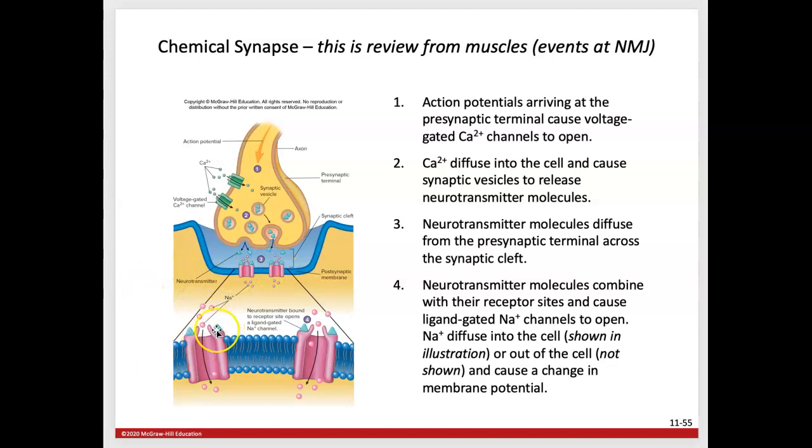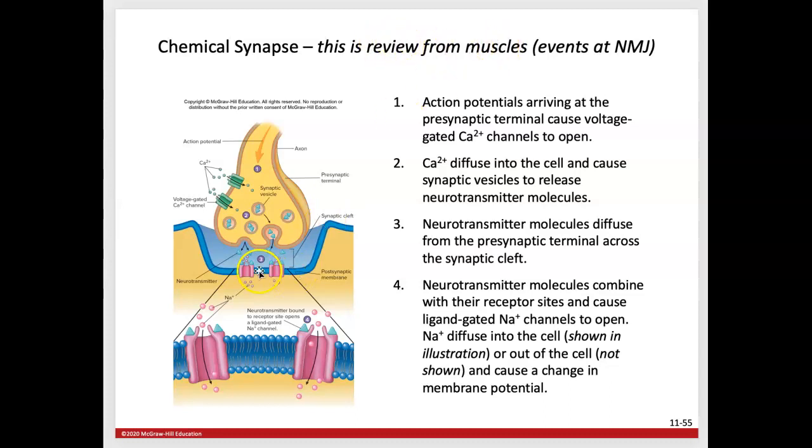It's showing that sodium is entering the cell based on those neurotransmitters opening the gates. So there must be more sodium out here than inside. Sodium is going to flow down its concentration gradient into the cell. Again, that is a review from the events at the neuromuscular junction from the muscles.